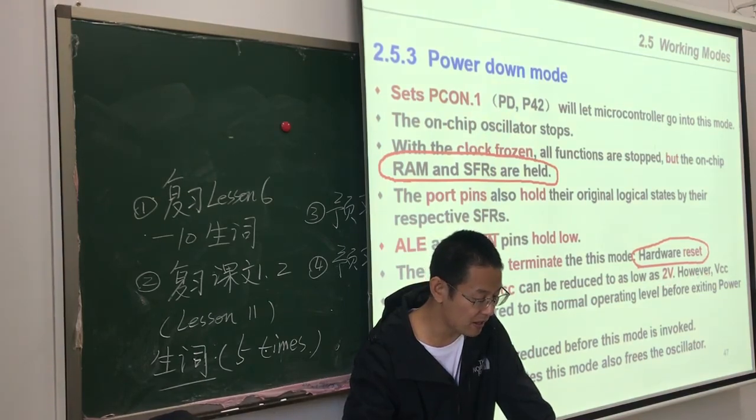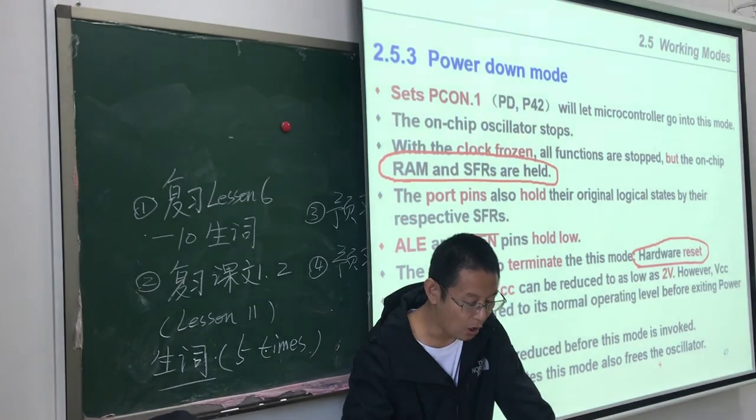However, VCC must be restored to its normal operating level before exiting power down mode. VCC must not be reduced before this mode is invoked. Reset will terminate this mode and also free the oscillator.